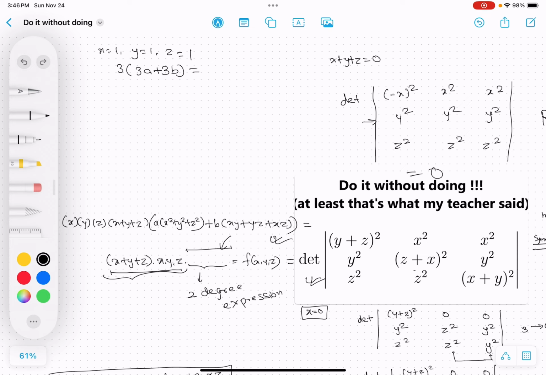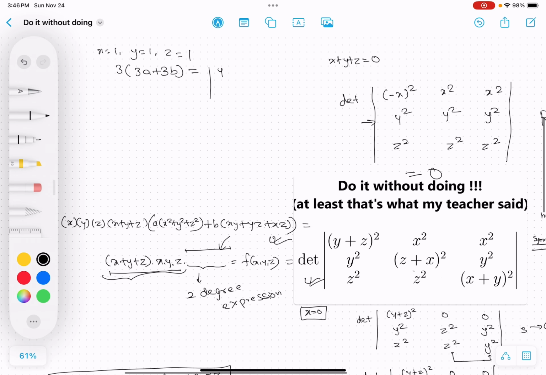We just get the determinant of 1 plus 1, 2 square is 4, so 4 1 1, 1 4 1, 1 1 4, and that evaluates to 4 times 16 minus 1, minus 1 times 4 minus 1, plus 1 times 1 minus 4.